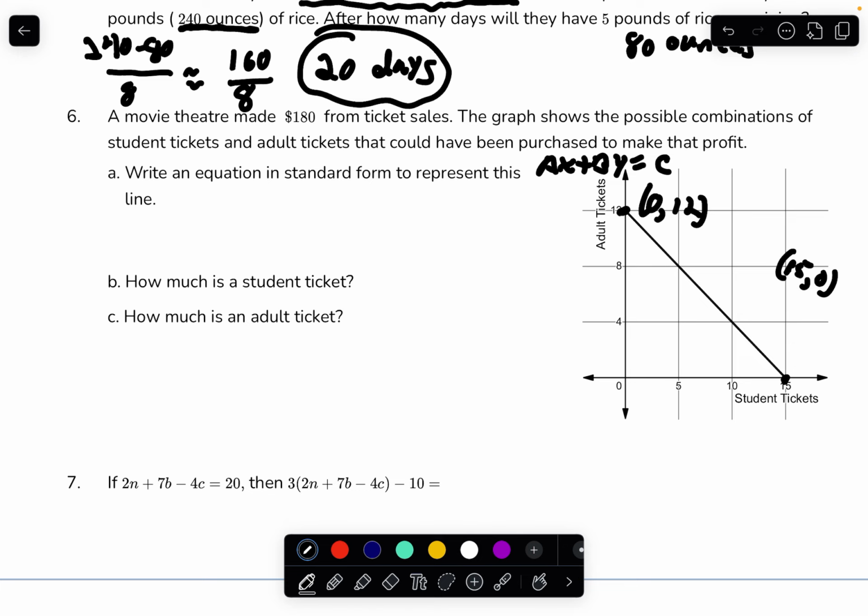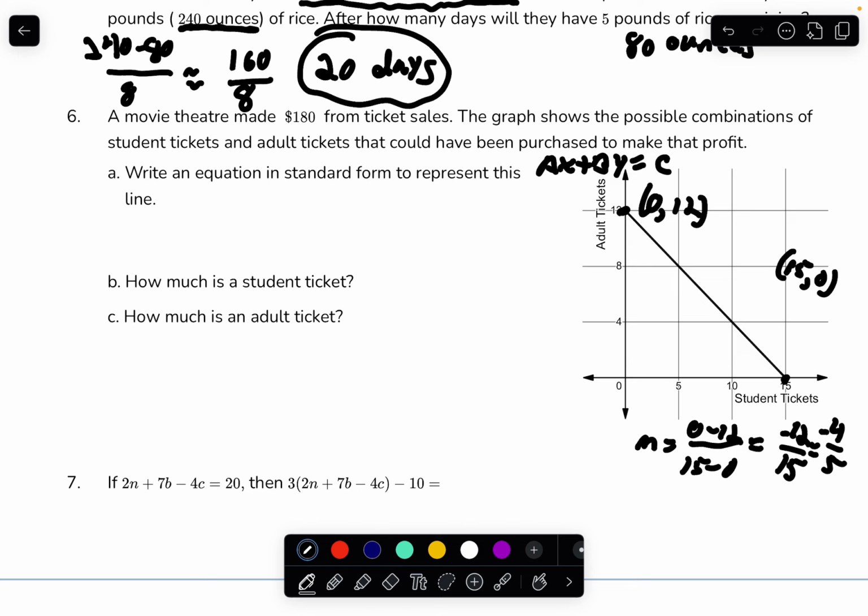So we can find the slope, because remember, slope M equals change in y, which is 0 minus 12, over the change in x, which is 15 minus 0, which is negative 12 fifteenths. 3 goes into both, and it works out to be negative 4 fifths, reduced. All right? They want it in standard form.